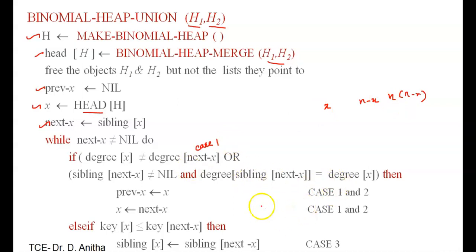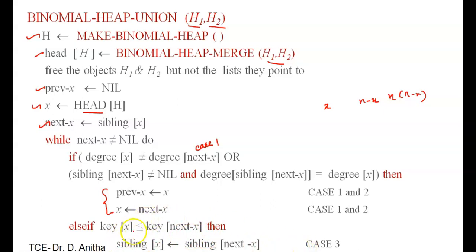So in both the cases we need to simply move ahead. These two steps are simply move ahead, make x as previous x and make next x as x. So I have to jump to the next node. So simply move ahead. Otherwise, I am coming for the case 3.